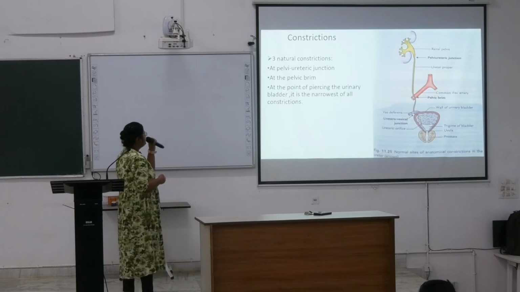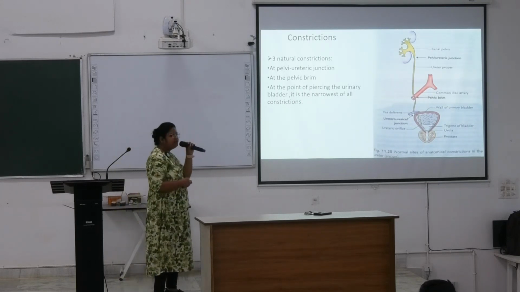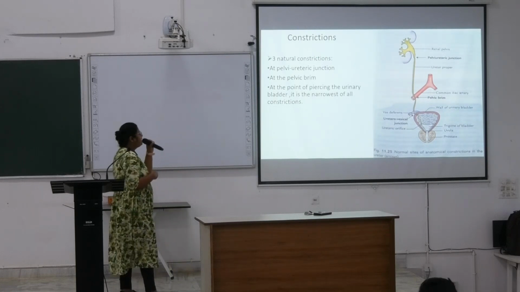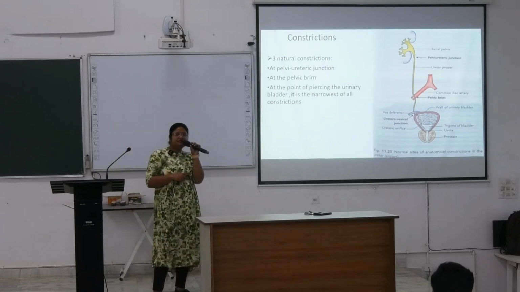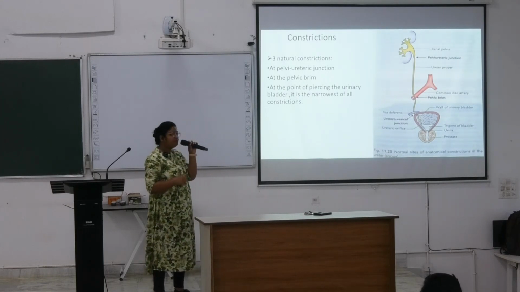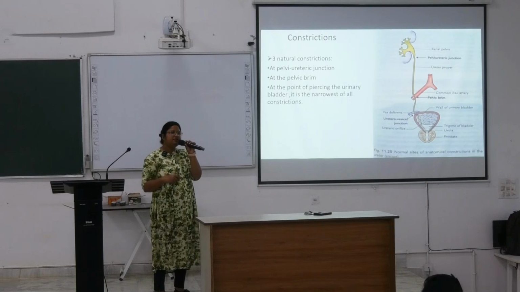Next is the constriction. Constrictions are very frequently asked and very important. It comes in your OSPE if the ureter is given in your OSPE question. It also comes as a short note in your theory paper.